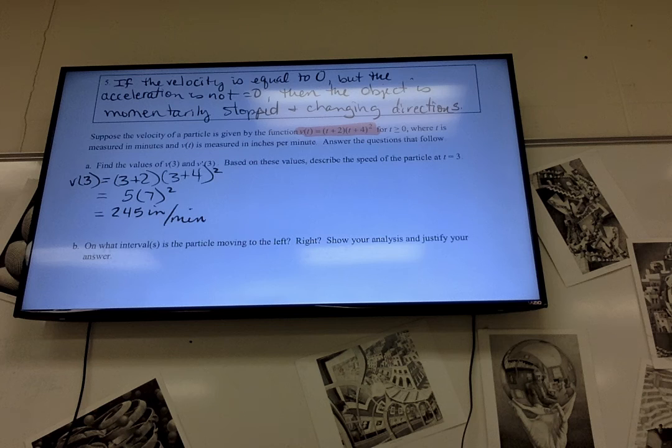And then we're supposed to do v prime of 3. So it might help to do v prime of t first. v prime of t is the same thing as acceleration.